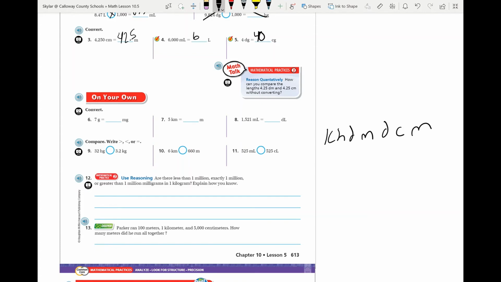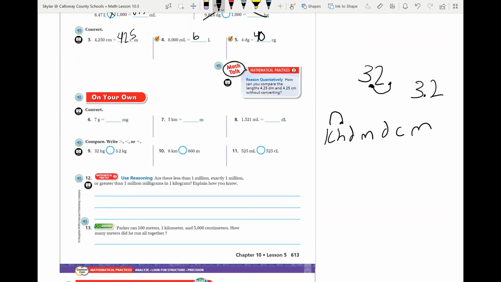Let's just always change the first one. How about that? So we'll change our hectograms to kilograms. We've got 32, starting at hecto, going to kilo. We moved our decimal point 1 time to the left. So let's move this decimal point 1 time to the left. And you got 3.2.